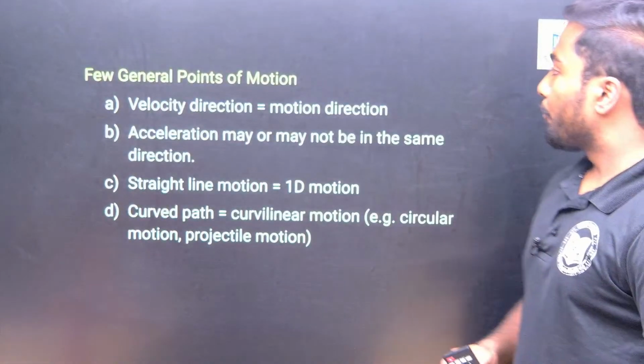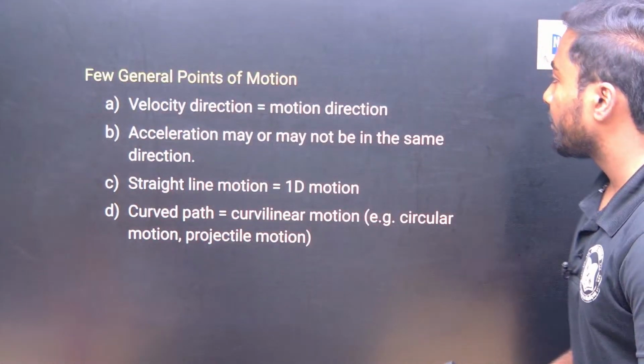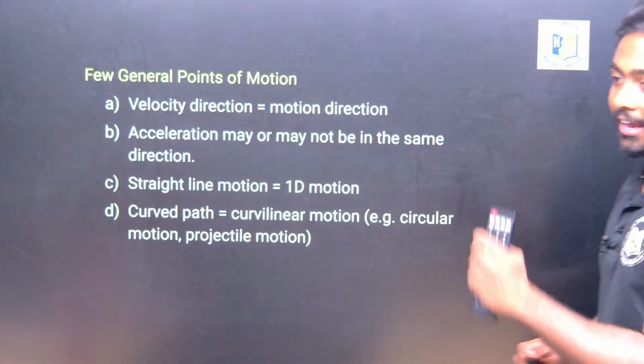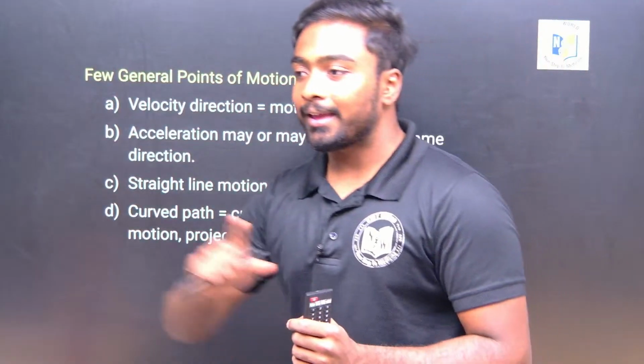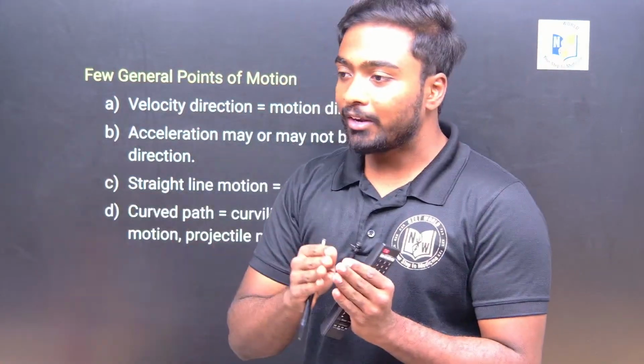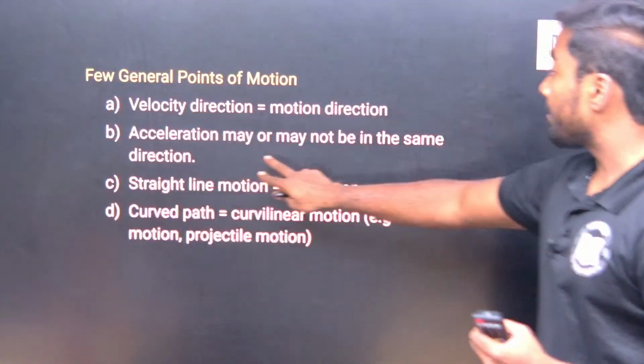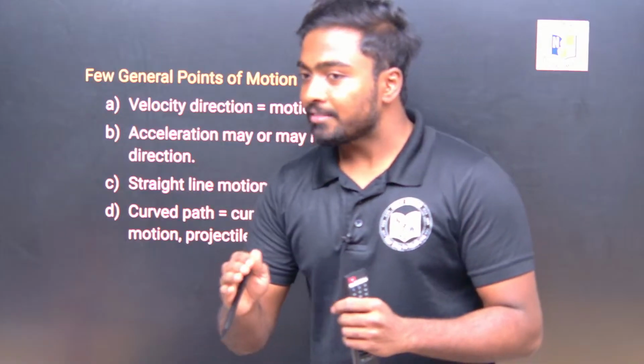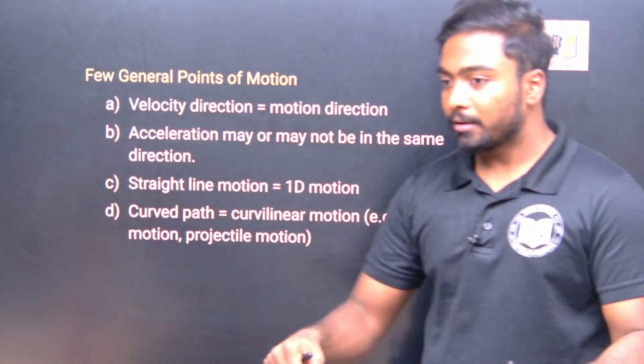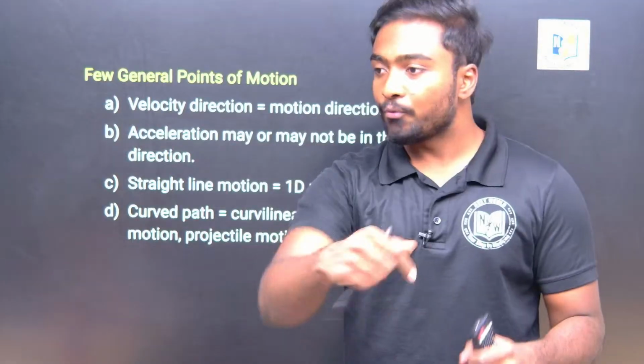A few general points of motion. Velocity direction is the motion's direction. When an object is going in the x direction, velocity also will be in the same direction, no? And acceleration may or may not be in the same direction. Why is acceleration not the same? Because if you are going on a bike and you apply some acceleration, you will move forward, right?